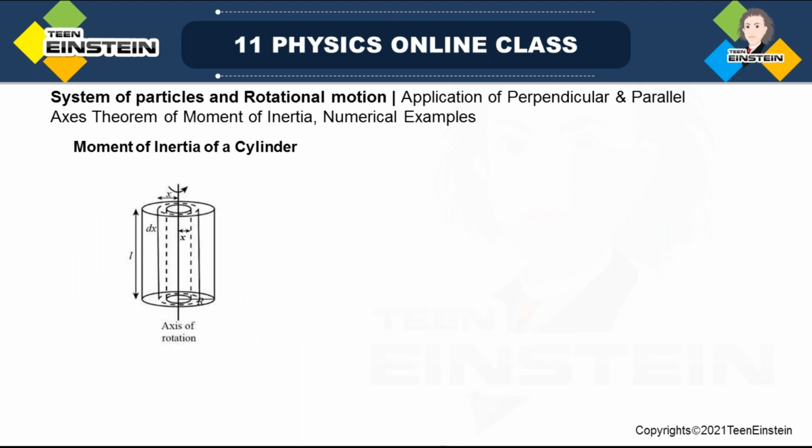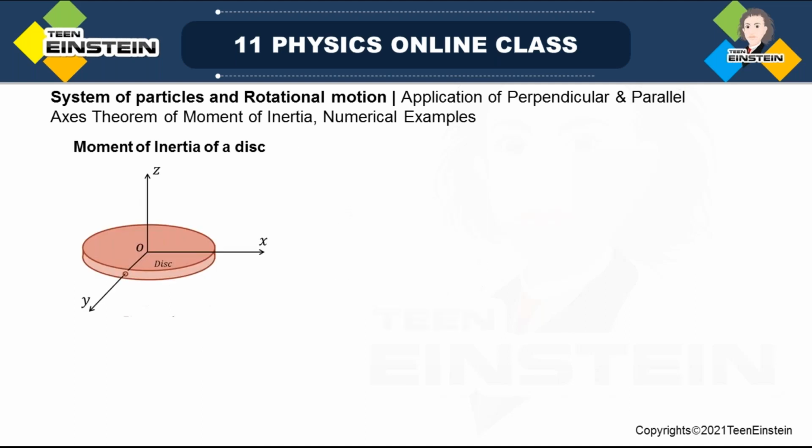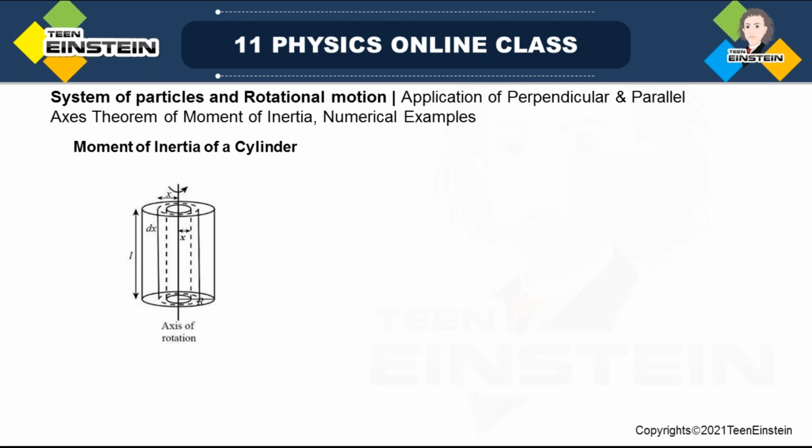Because of time issue, I am not going to discuss those things today. Since you have another class, I'll stop here. But we can take a numerical example in some other class to calculate the moment of inertia of a disk, then solid cylinder, hollow cylinder, solid cone, hollow cone, and solid sphere, etc. I'll be taking that in the next class.